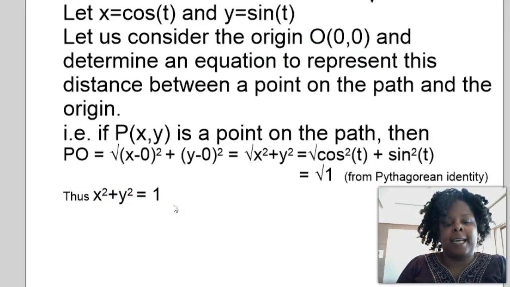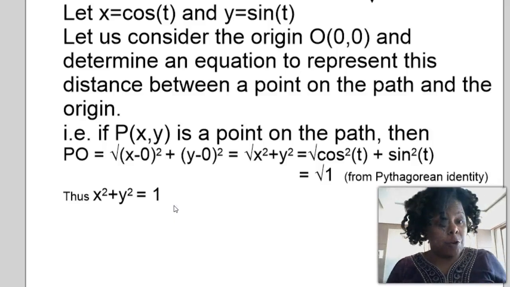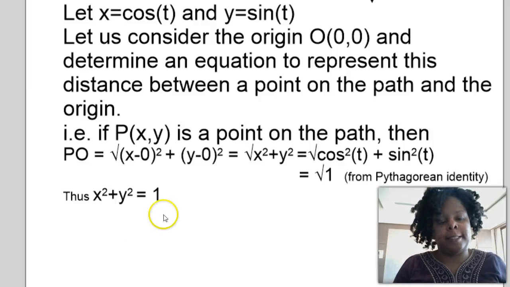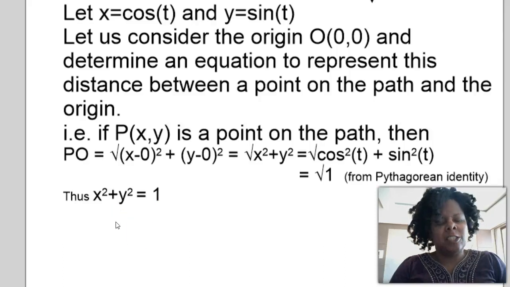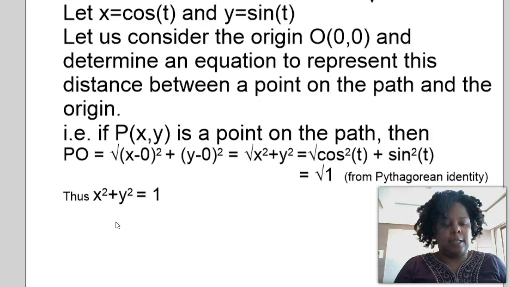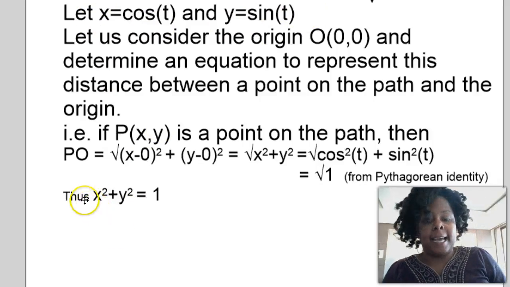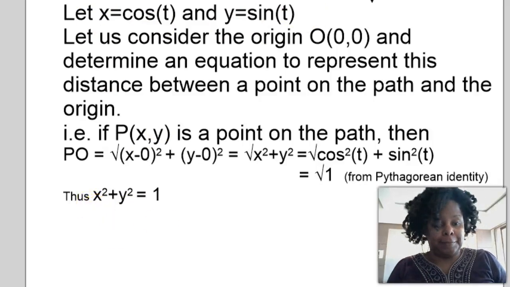And that is an example of an explicit or implicit relationship. Well, I said earlier it was an example of an implicit relationship because the relationship between x and y is not clearly identified. So this is an example of a parametric equation represented not explicitly but implicitly.